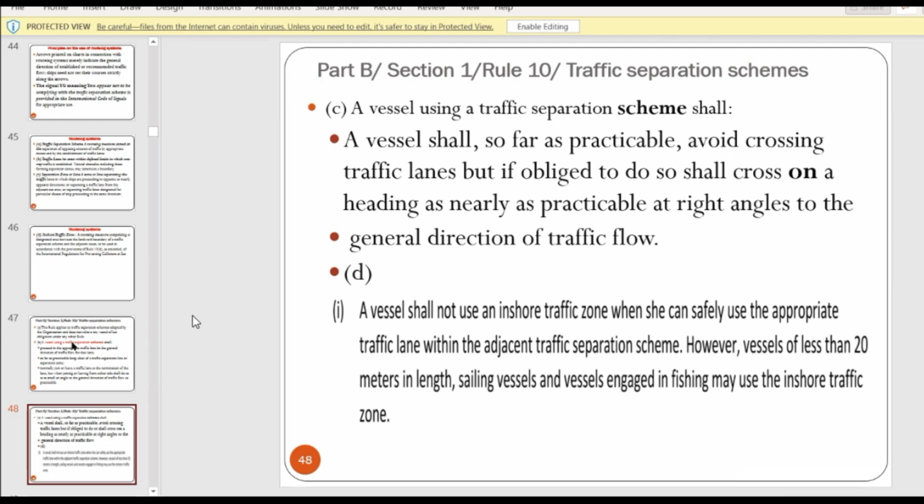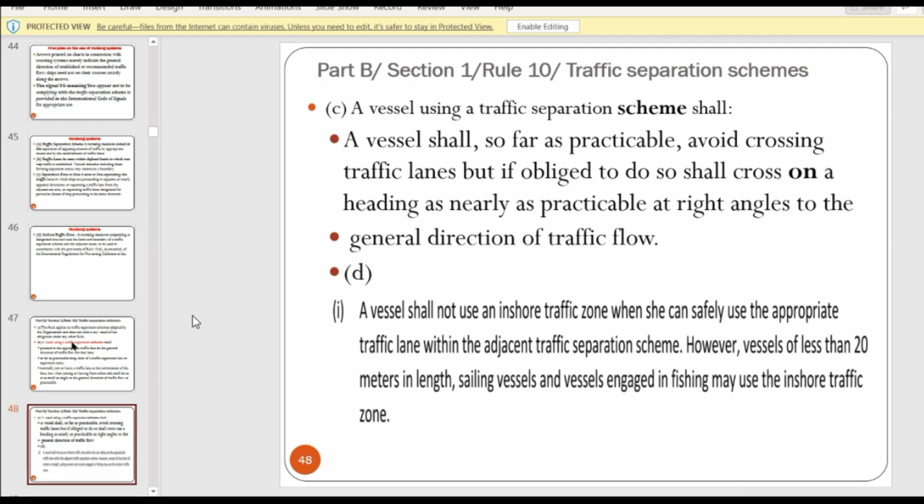That means you'll have to cross over the traffic lane and go on to the other side, or if there is a port on the other side. In both cases, whenever you have to cross, do so on a heading as nearly as practicable at right angles to the general direction of traffic flow. And then I'll show you with the help of photographs.